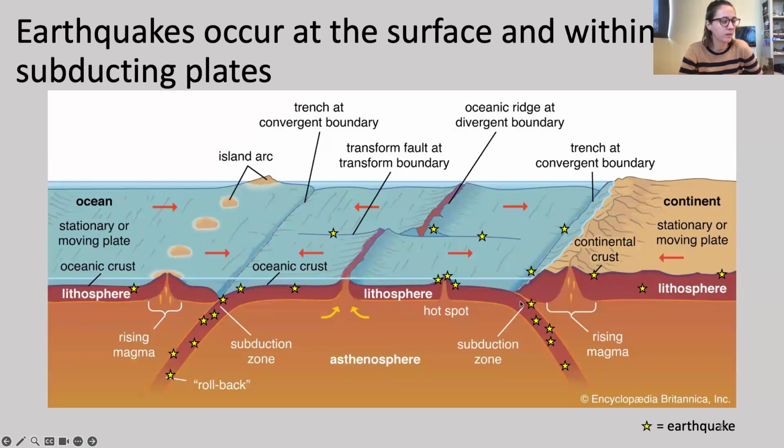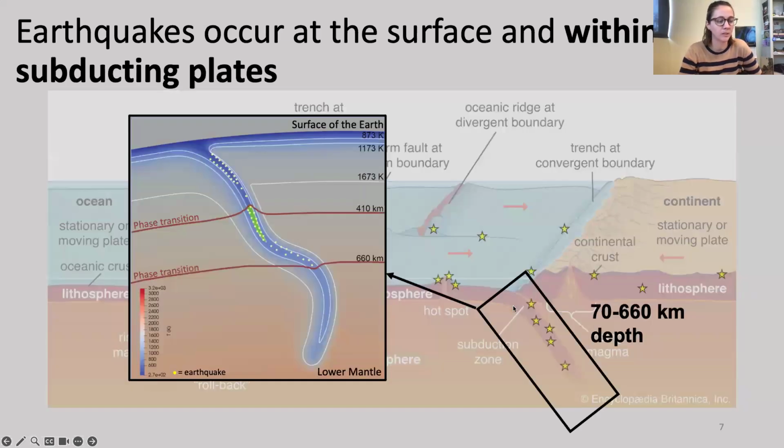But earthquakes also occur in subducting slabs all the way down to about 660, 700 kilometers deep. So when I'm talking about deep earthquakes today, this is the part of the Earth that I am thinking about, between this 70 to 660 kilometer depth range within subducting slabs.